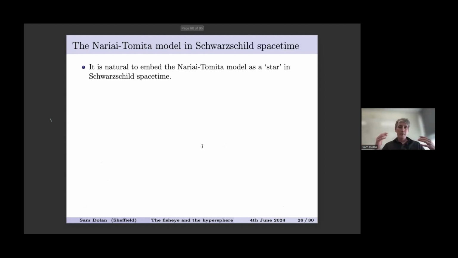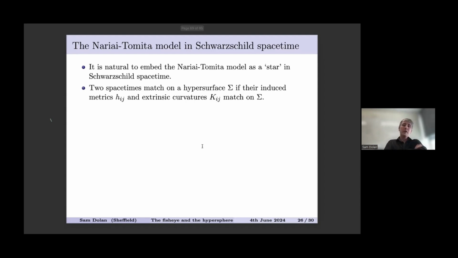The next step, the natural next step, was for me to embed this model as a star in a Schwarzschild spacetime. And they didn't do that in the paper. Whether anybody else has done that, I don't at this point know. Okay, so again, we can follow the Oppenheimer-Snyder approach.